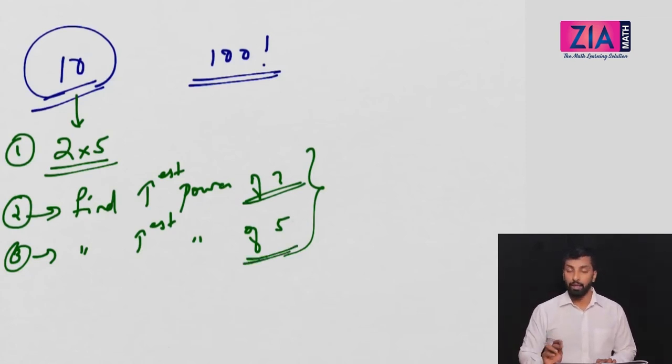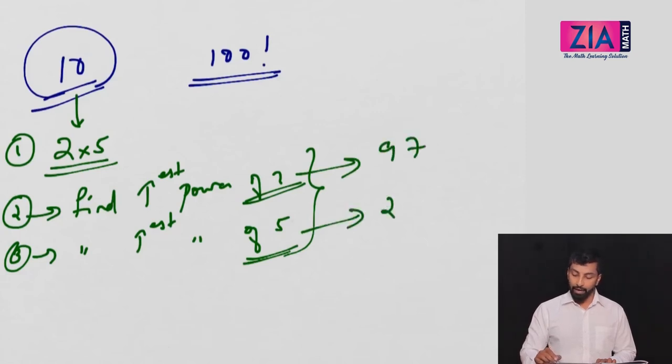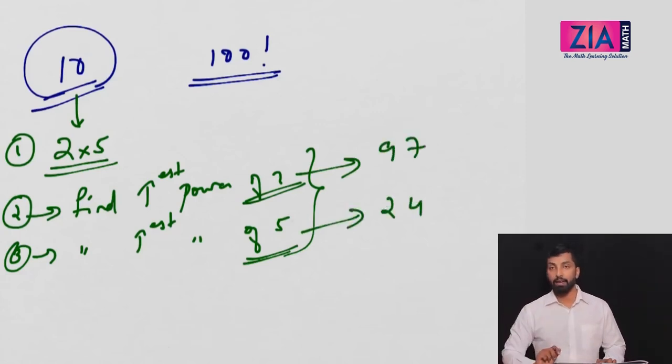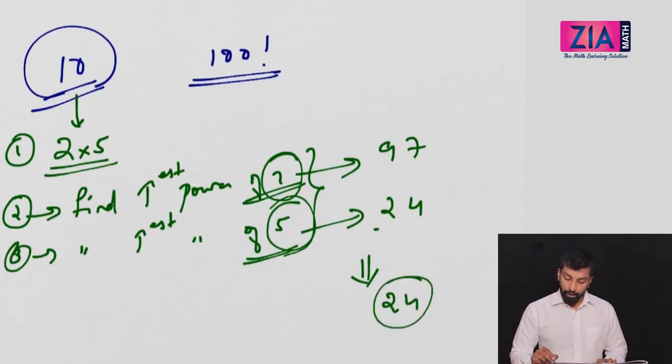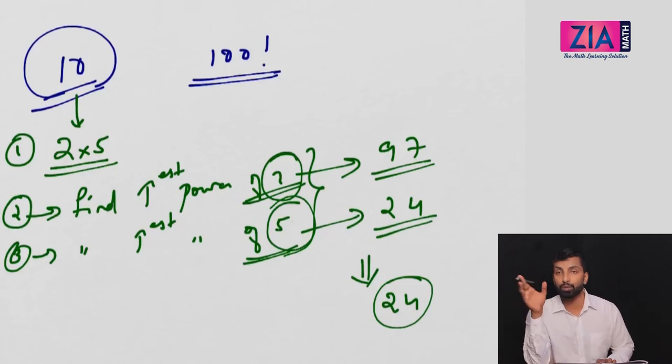I hope you understood. Because you already saw 97 2's are there and 24 5's are there in the previous explanation. When you find the number of 2's in 100 factorial and the number of 5's in 100 factorial, you got 97 and 24. But 2 and 5 together will make 10. So how many 10's can you get? Only 24. Because only 24 5's are there. 2's anyway are more, but the balance 2's are of no use.